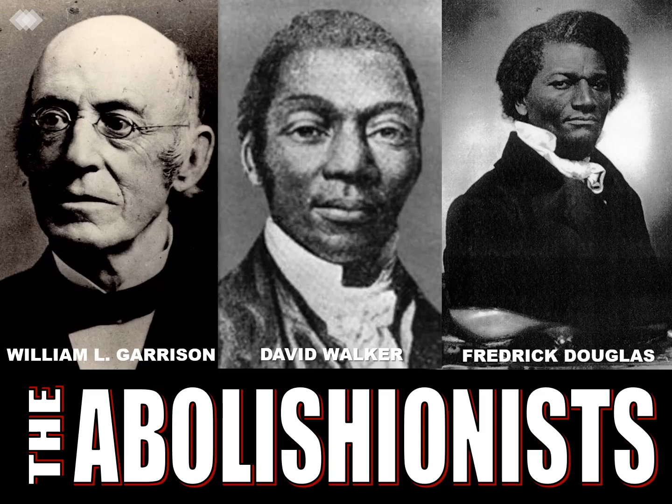By comparison, Garrison is a radical, and proudly so. In 1831, he founds the newspaper The Liberator, which is for years the most widely read abolitionist paper in the country. The following year, he founds the American Anti-Slavery Society, which again is going to be the dominant abolitionist group in this country.